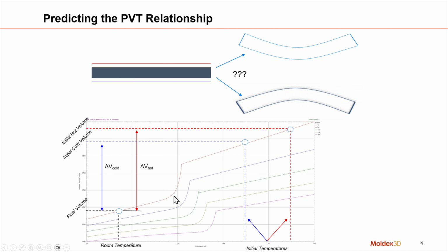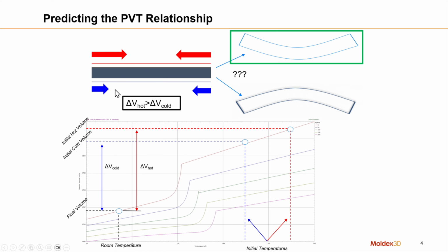Being that the hotter material starts at a higher volume, the shrinkage for that hotter material is going to be larger over the entire process than where the colder material is. We can represent this visually by putting some arrows on the top and bottom of our part. The top surface is going to shrink inwards more than the bottom surface is, and so therefore the material is going to warp towards the hotter surface.